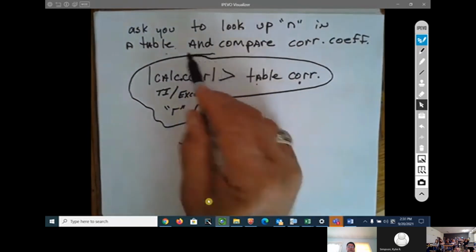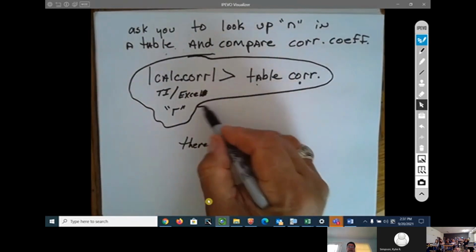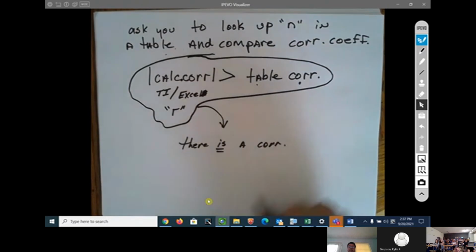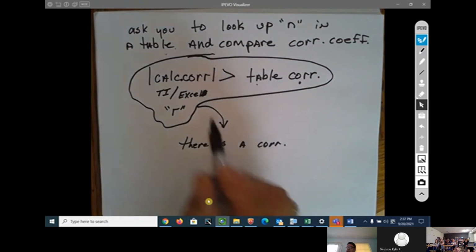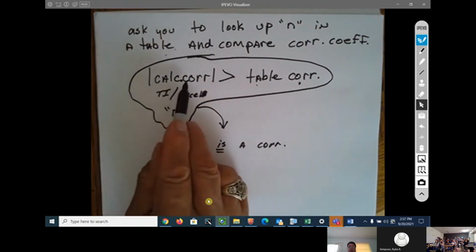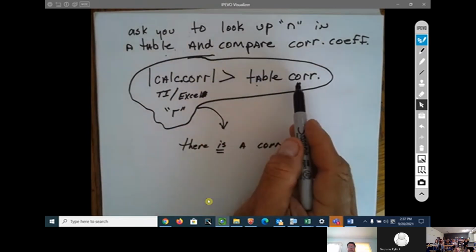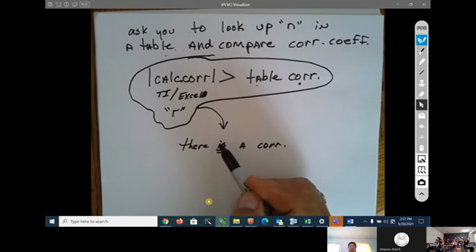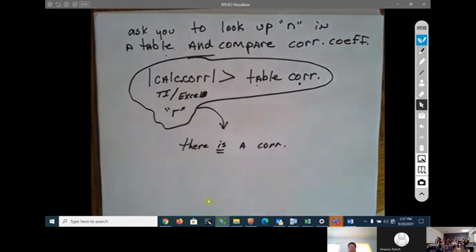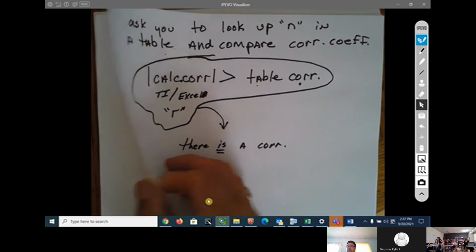It's in the book too, so I didn't make it up. If the absolute value of your calculated correlation is greater than your table correlation, there is a correlation. And we'll get into that when we do another problem. Now let's go to the book.